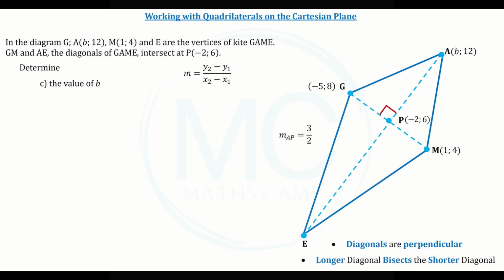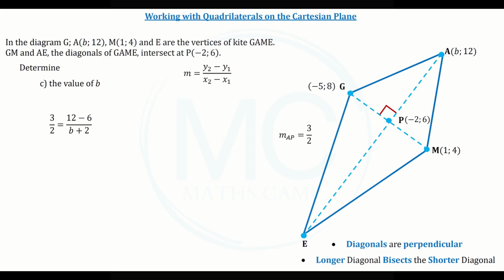Now we have the gradient of AP, the coordinates of P, and the y-coordinate of A. And we can use this information to find the value of B. So let's say that P is our first point and A is our second. So now we can say the gradient, 3 over 2, is equal to 12 minus 6 all over B minus negative 2.